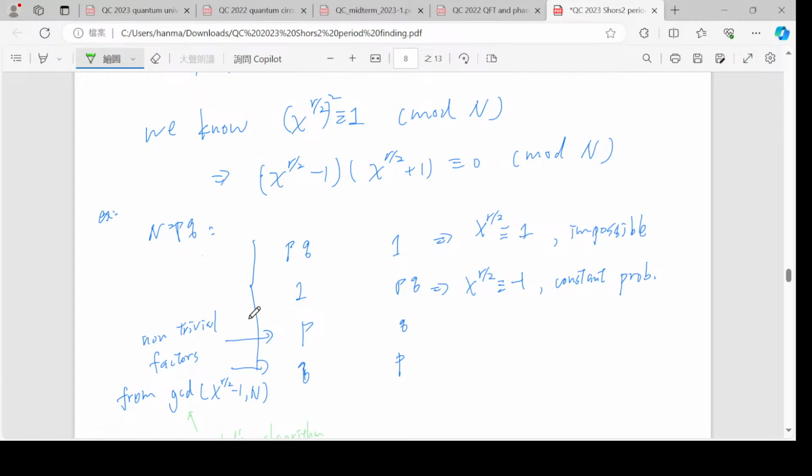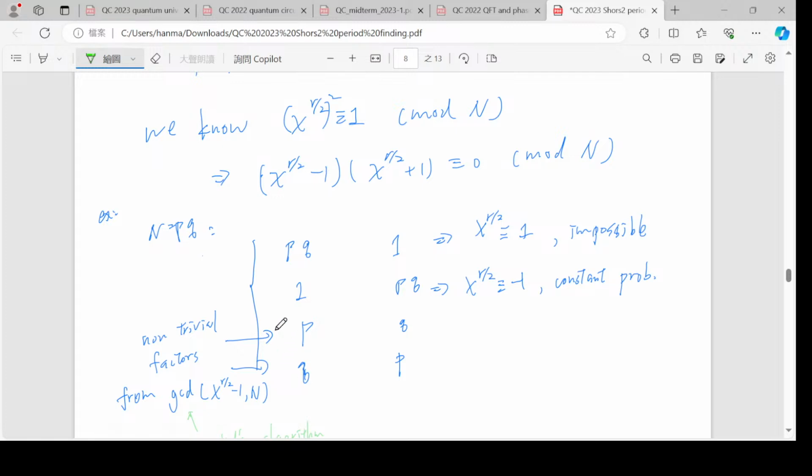I guess this is not exactly true, because this is not equal to n exactly, this is a multiple of n. But you can feel that there are 4 cases for how you can distribute p and q between those 2 things.